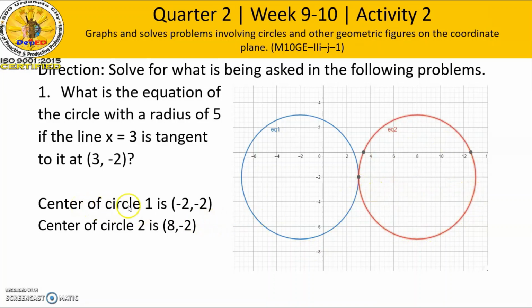So, the center of our circle 1, by counting 5 units from x equals 3, is (-2, -2). And the center for our circle 2 is (8, -2), counting 5 units from x equals 3.